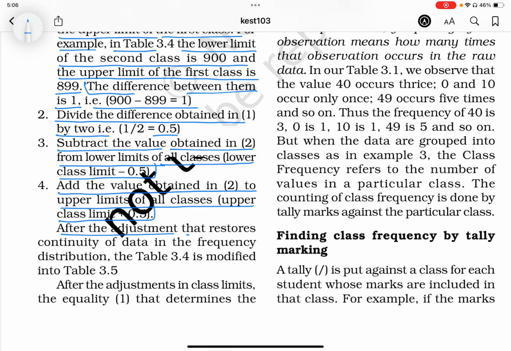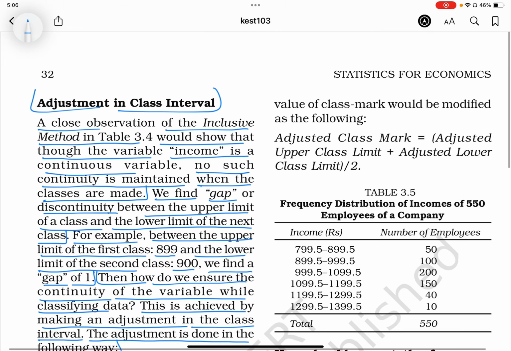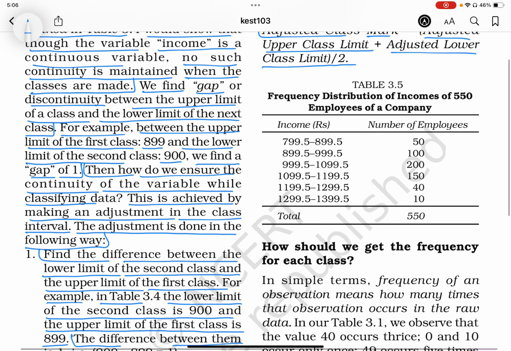After the adjustment that restores continuity of data in the frequency distribution, table 3.4 is modified into table 3.5. After the adjustment in class limits, the equation 1 that determines the value of class mark would be modified as follows: adjusted class mark equals adjusted upper class limit plus adjusted lower class limit, divided by 2.